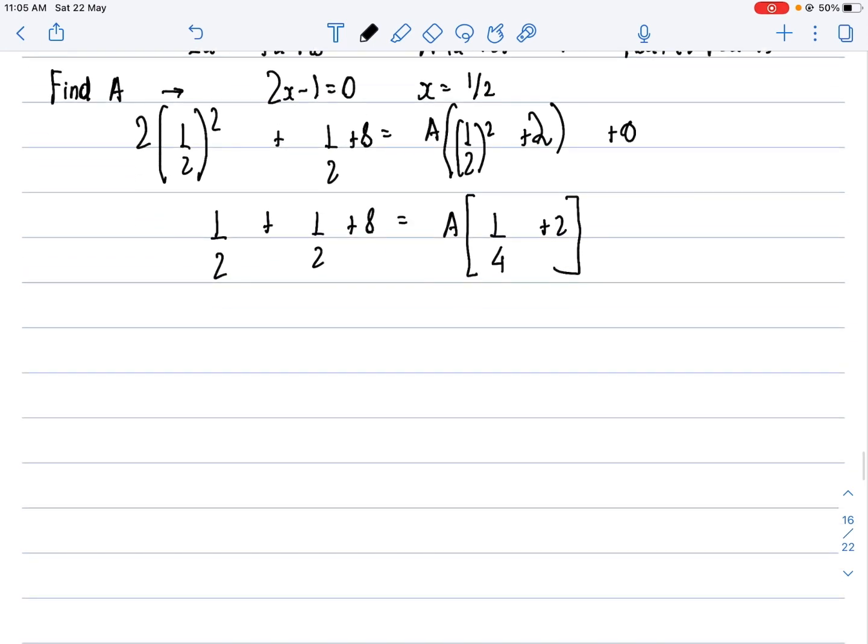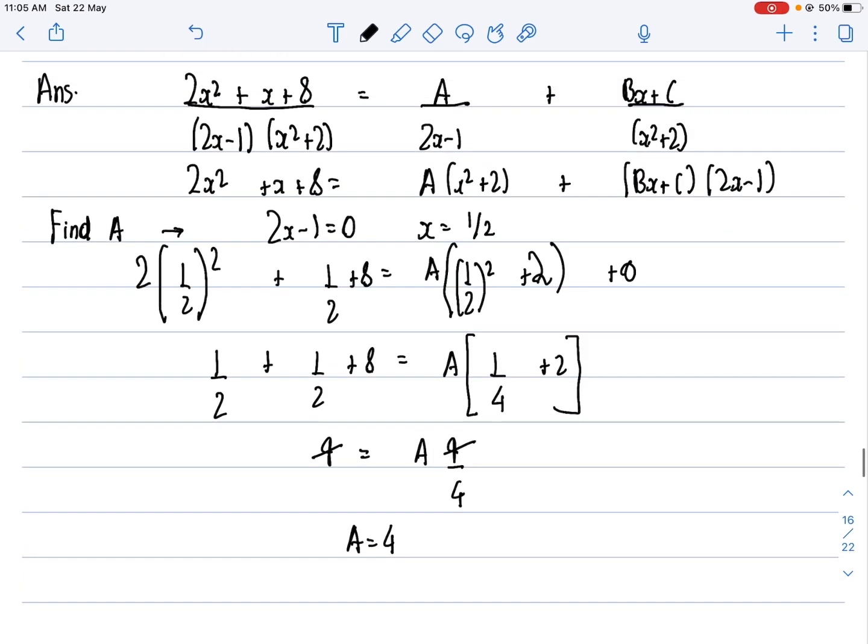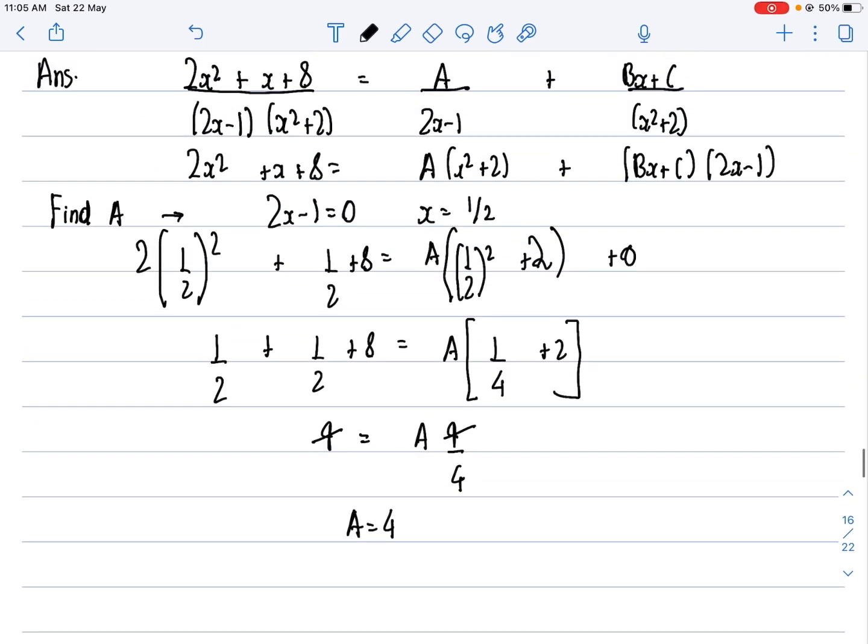Now I know this is equal to 9 equals a into 1 over 4 plus 2, which in fractions can be written as 9 over 4. I can simply cut the 9 here and I get my a as 4. Now what I need to do is write the same equation down, 2x square plus x plus 8 equals 4 into x square plus 2.